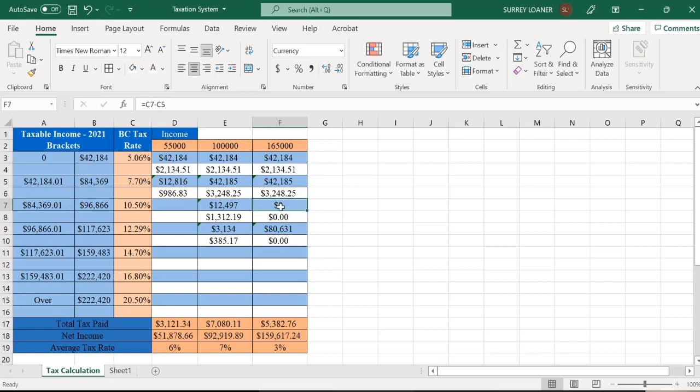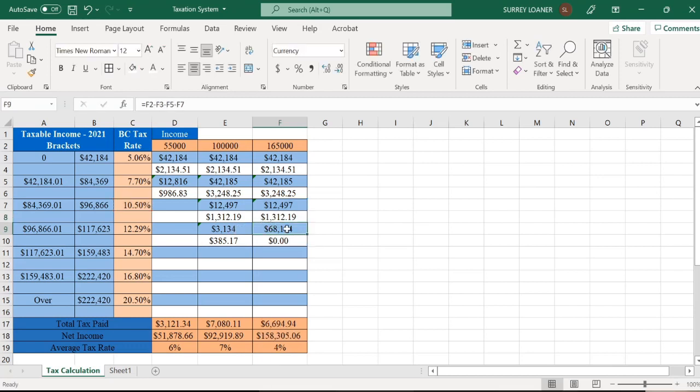Here again we are going to calculate the difference between this and this, right? So 96,866 minus 84,369, and here the tax will be on this amount on the basis of the BC tax rate specified in front of the range.